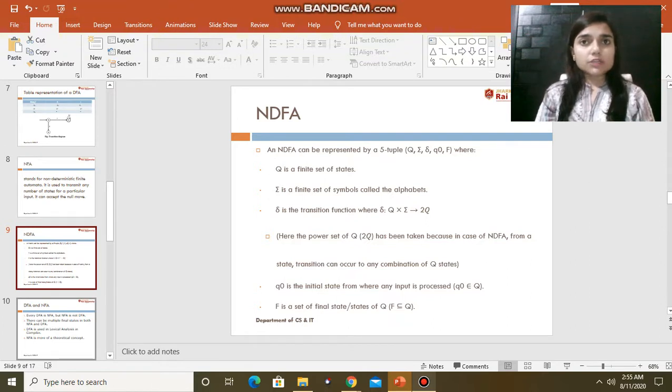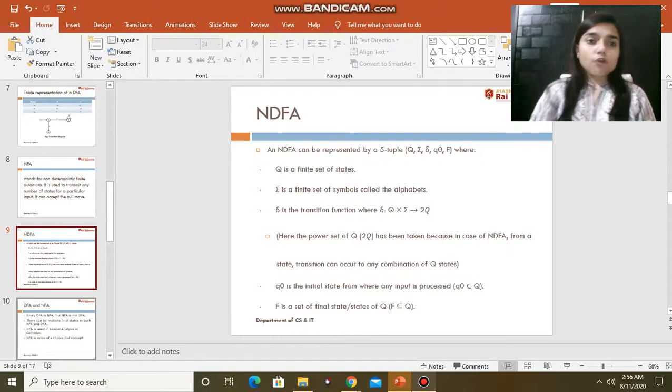Capital Q, which is a finite set of states, sigma, the finite set of input symbols, delta, the transition function, Q0 is the initial state and F is the final state. The difference between the deterministic finite automata and non-deterministic finite automata lies in its transition function.